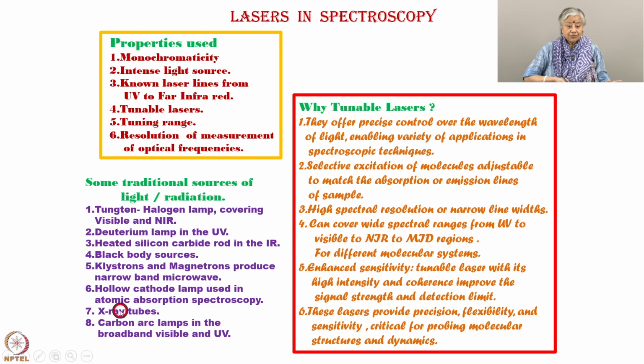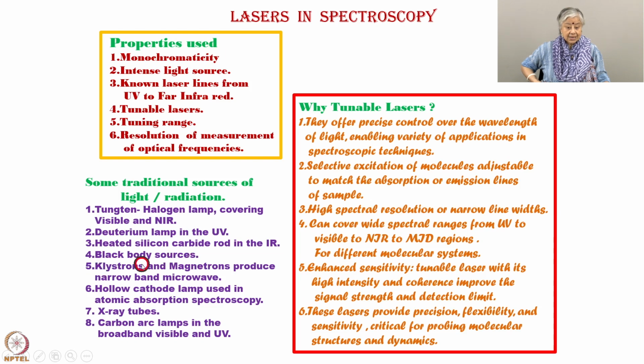If you look at some of the traditional sources of radiation, there is the tungsten halogen lamp covering the visible and the near infrared, deuterium lamps in the ultraviolet, and heated silicon carbide rods, which give you emissions in the infrared region. Then of course, the black body sources, which cover a wide bandwidth of wavelengths.